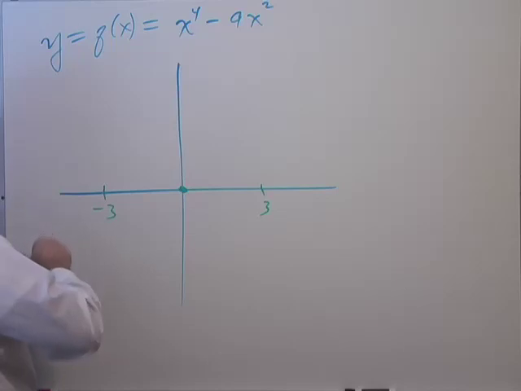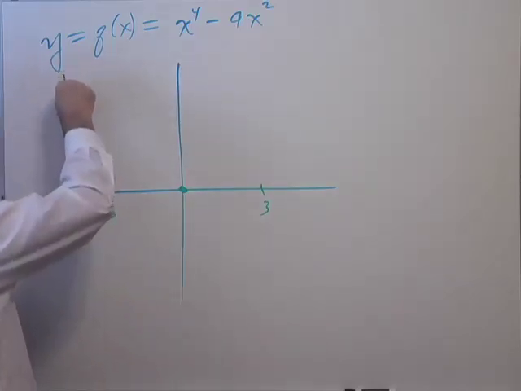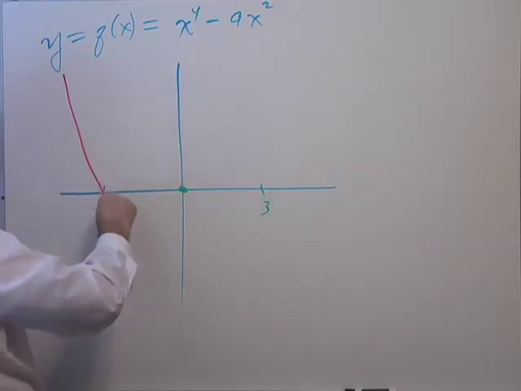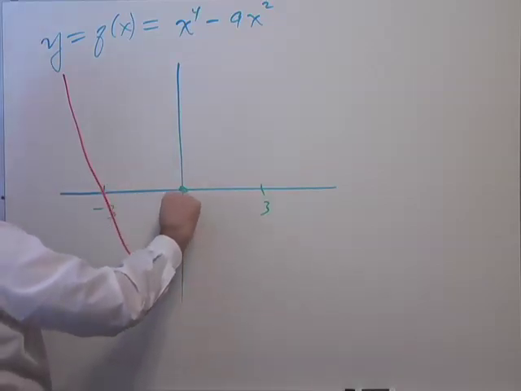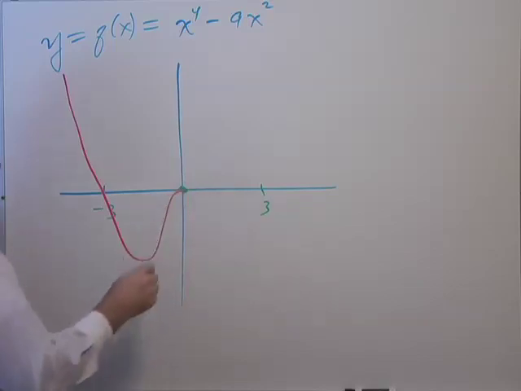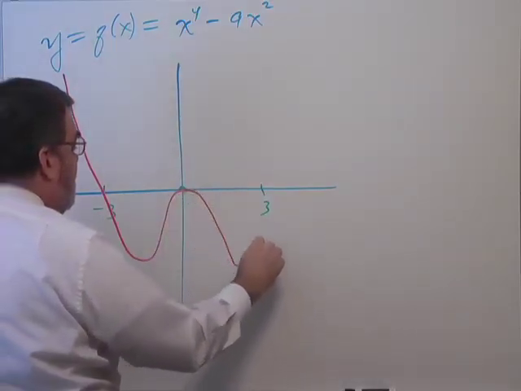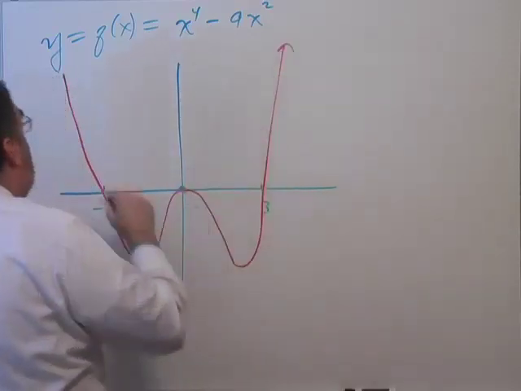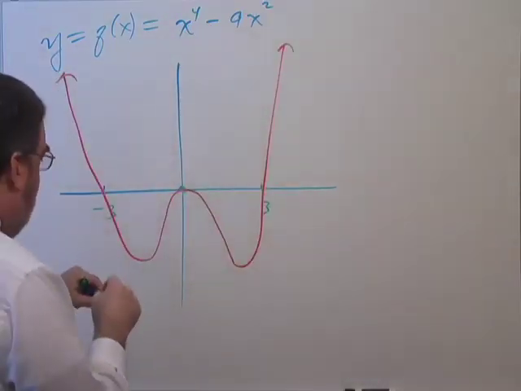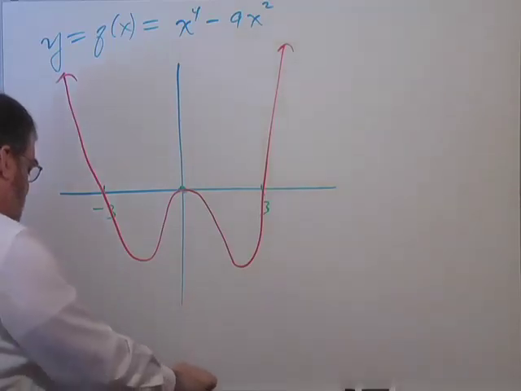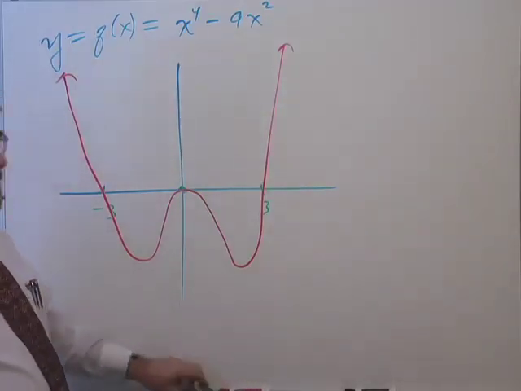And so it comes down like this, and I'll do it in red. Comes down from the top, goes to the intercept, bottoms out somewhere, and then comes up and just touches the origin, comes back down, bottoms out, and comes back through again. So it's not a perfectly drawn graph, but that's pretty hard to do by hand.